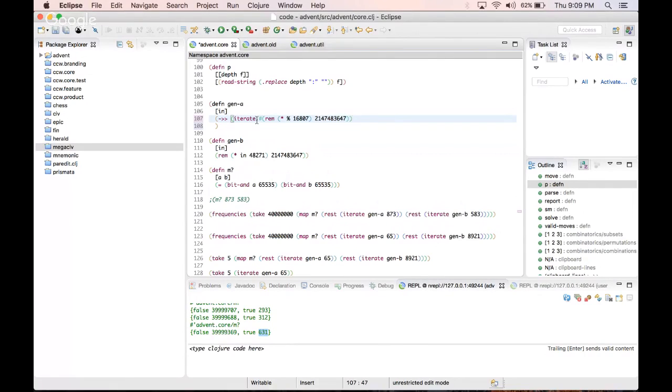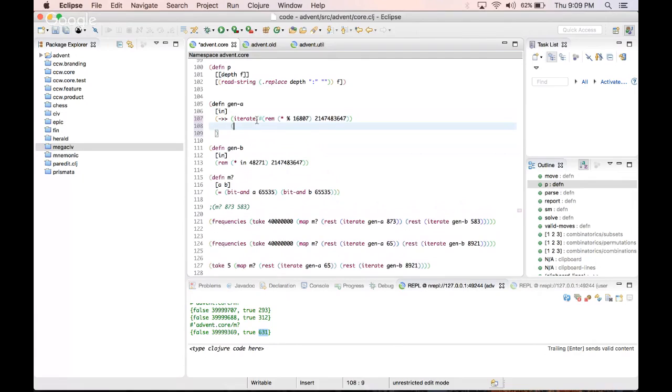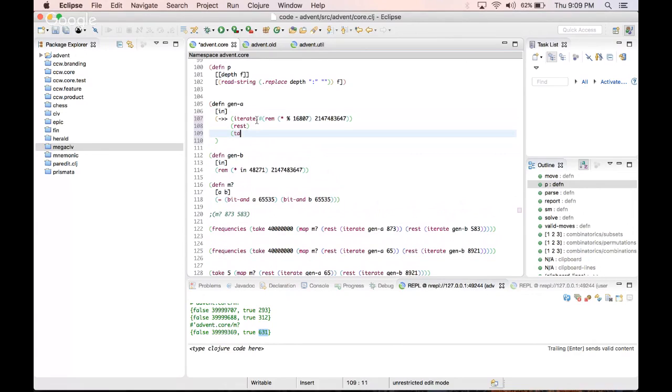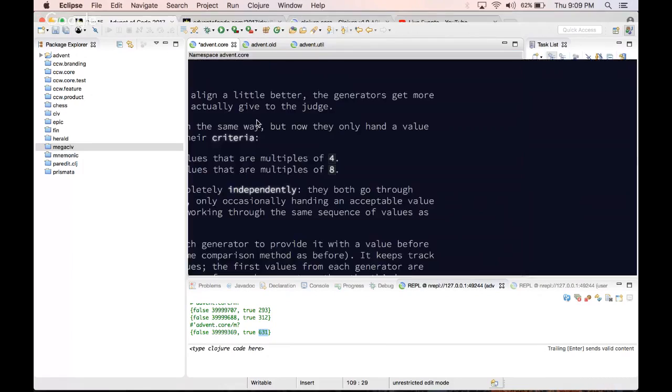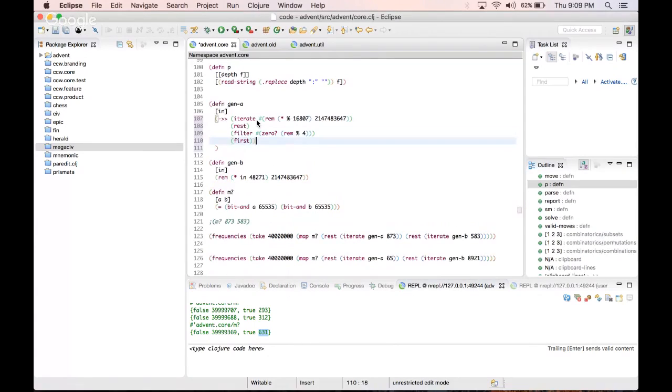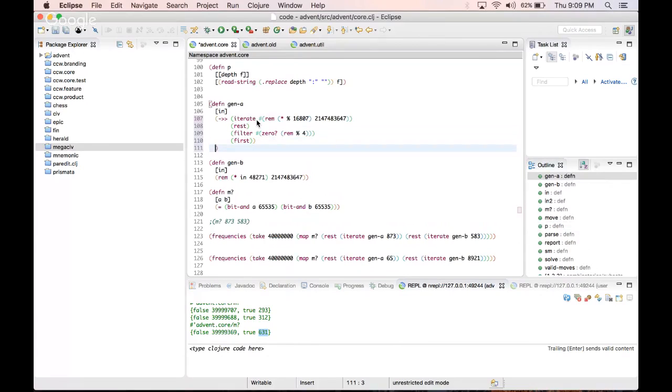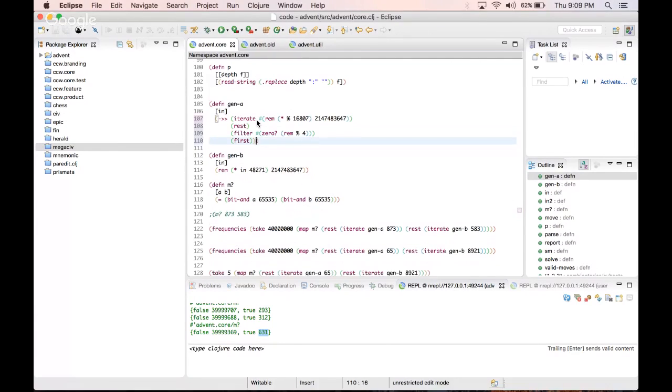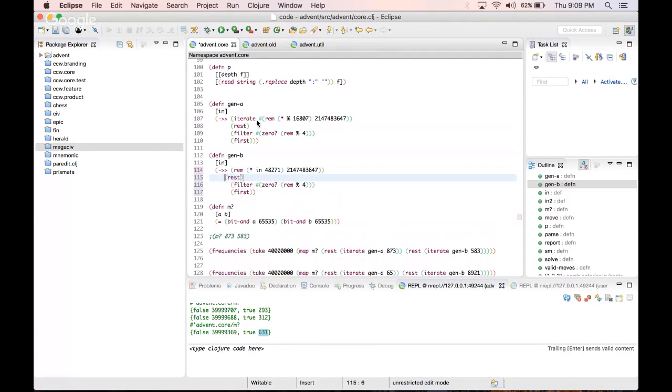Take the rest of them, filter on the remainder of this value by 4 needing to be 0, and take the first of these. And then we basically want the same structure over here, except this one is looking for 8.